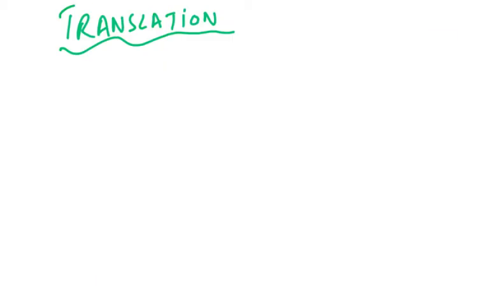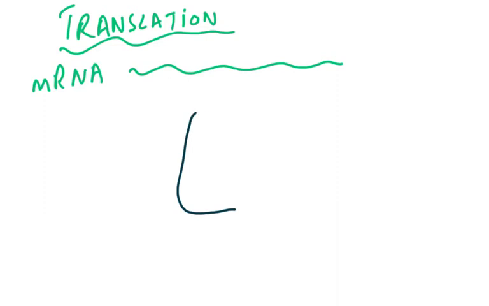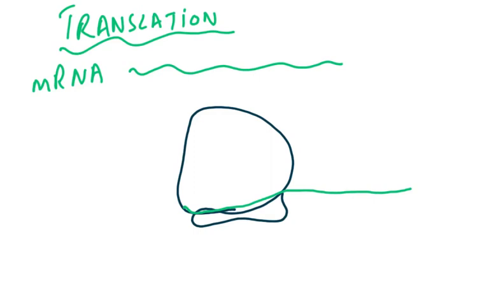In translation, what is going to happen? The mRNA which came out of the nucleus is going to go and get attached to the ribosome. So this is the ribosome, could be a fixed ribosome, could be a free ribosome, and the mRNA has got attached to it.